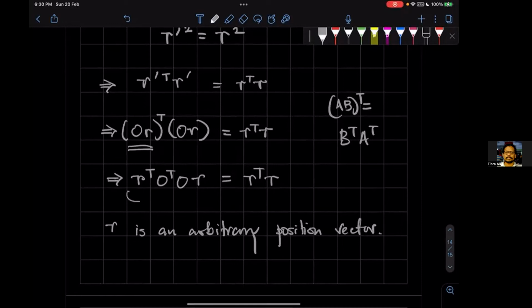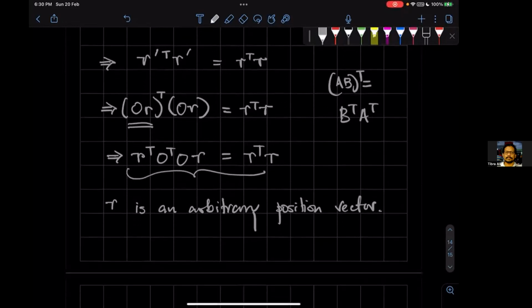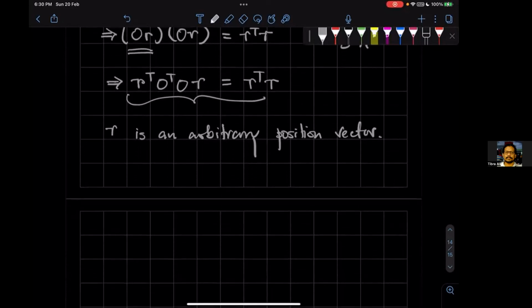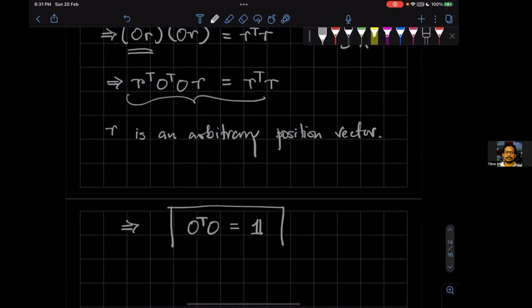So if this equation is to be true for any arbitrary R, then the matrix product O transpose O must be the identity matrix, right? Is that clear?